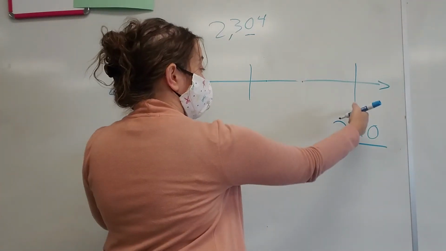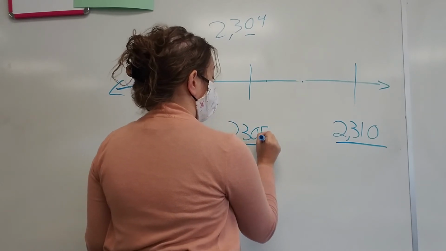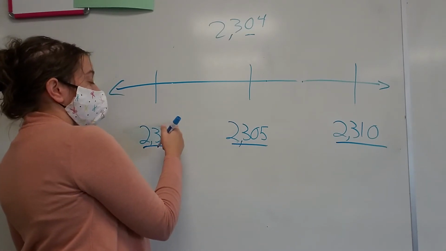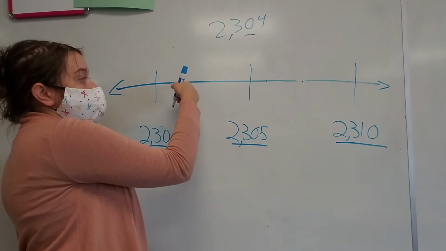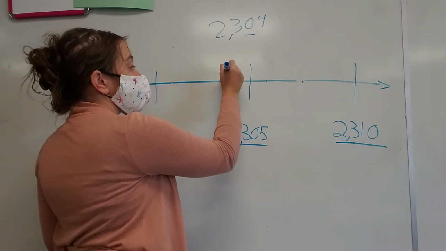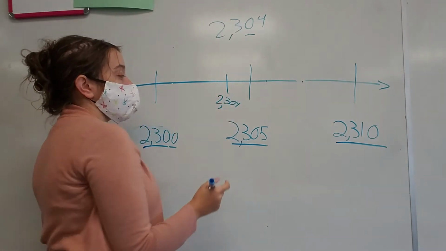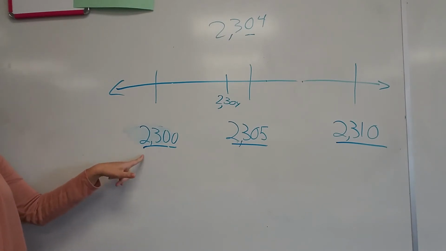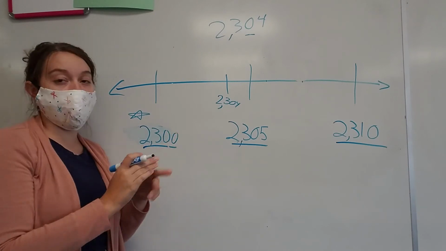Halfway between 0 and 10 is 2,305. Now, I could just count this, right? 2,301, 2,302, 2,303, 2,304, right? And that is closer to my left side, 2,300, right? So that is our answer for that one.